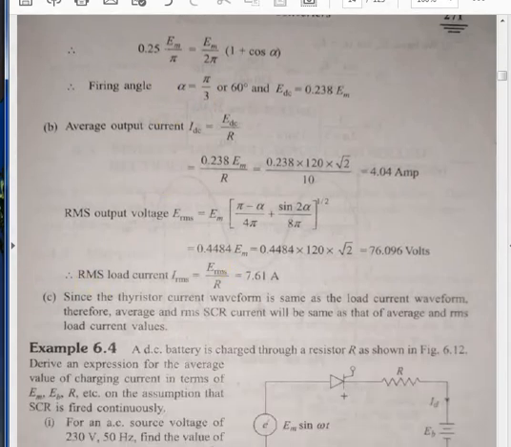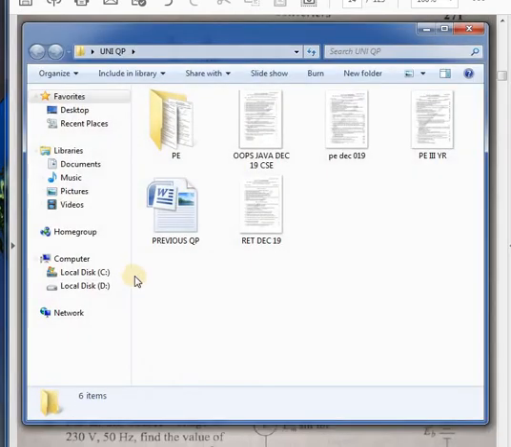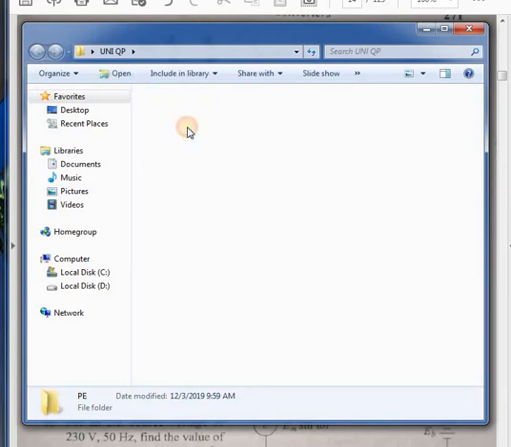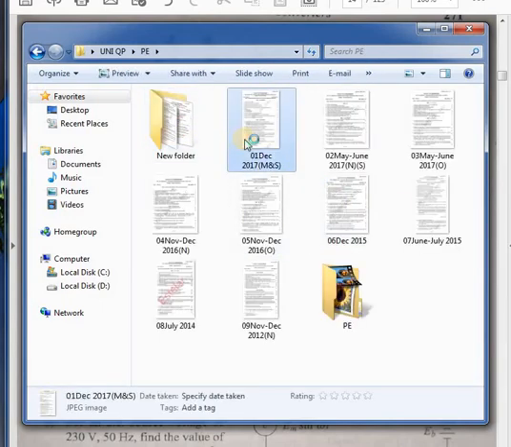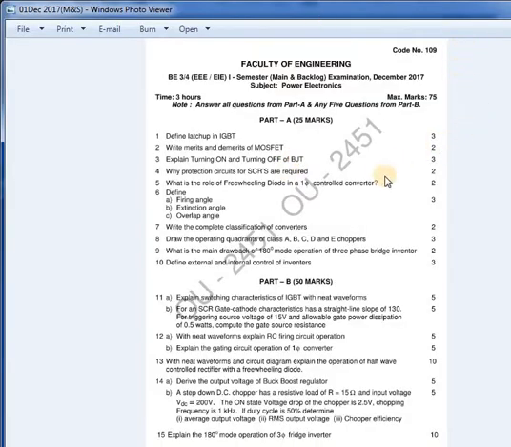Okay, let's see a few of your previous question papers, what they have been asking you. So here are a few previous question papers. If you see here, from the second unit it hasn't asked you any question. So far it is asking you for the operation of a rectifier with freewheeling diode.